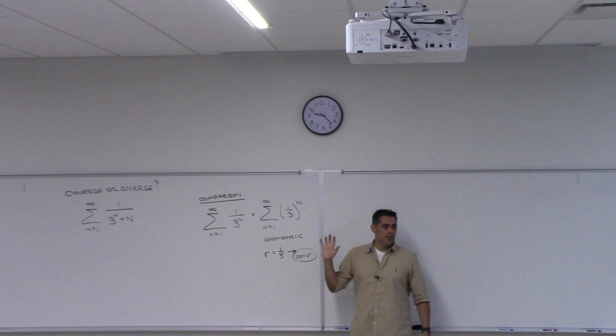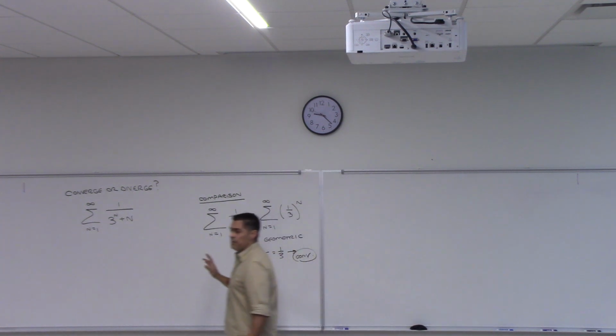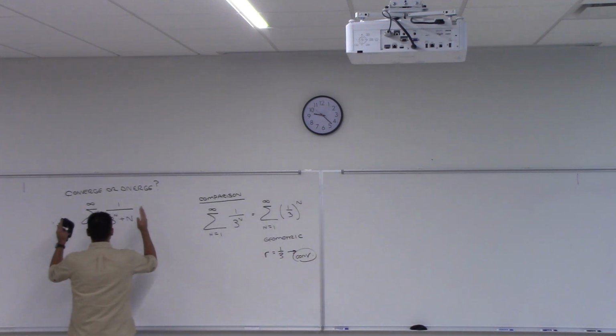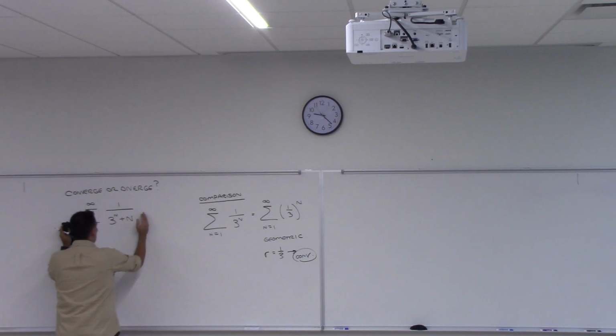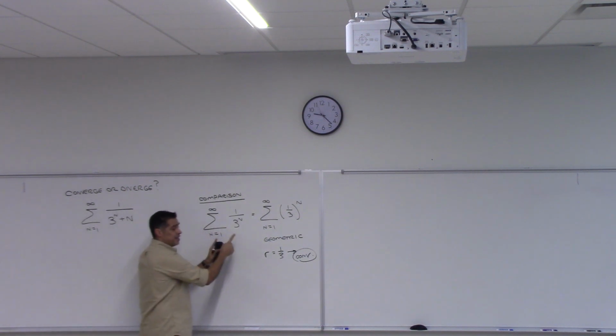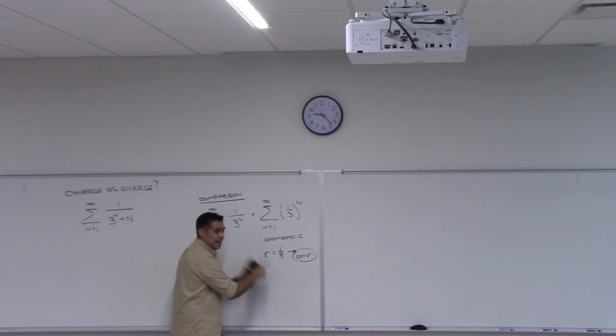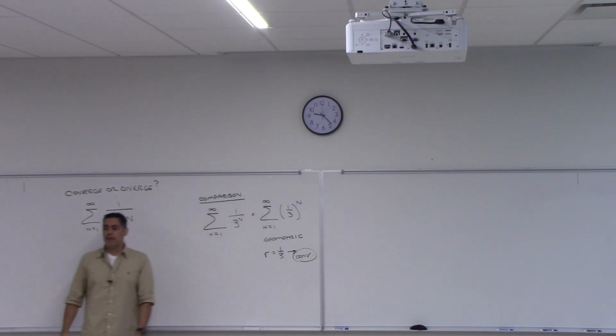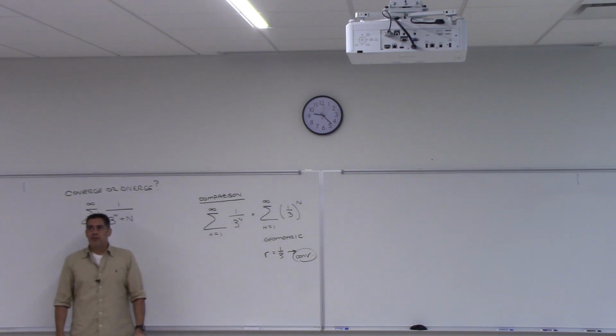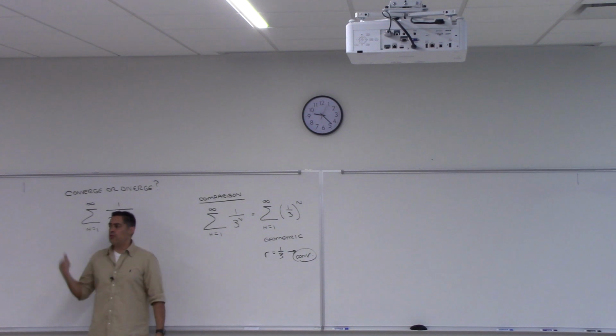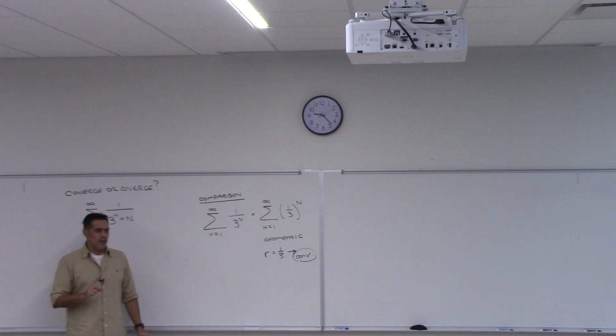So what I'm trying to do is figure out what this series does. I'm saying, hey, it looks a lot like this series, and that series is geometric, and it converges, right? Okay. So what do I need to do now to show that this one converges as well? What I need to do is show an inequality is true.